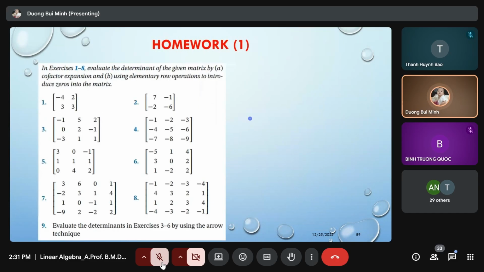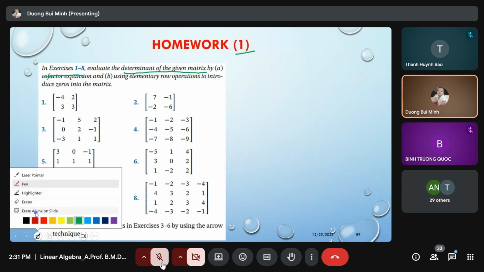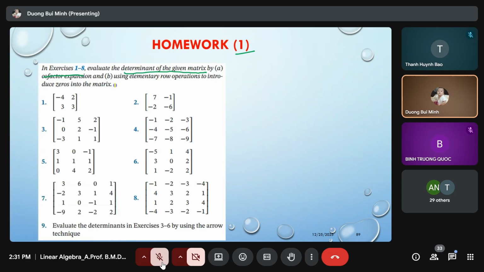We have homework. Homework 1: we evaluate the determinant of the given matrix by cofactor expansion. You must use cofactor expansion, and then we can use elementary row operations to introduce zeros in the matrix.